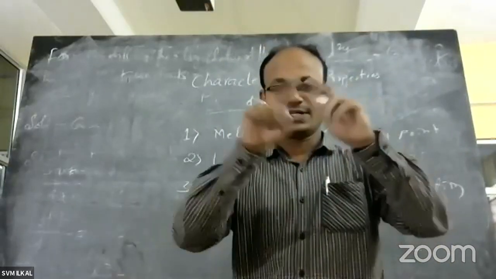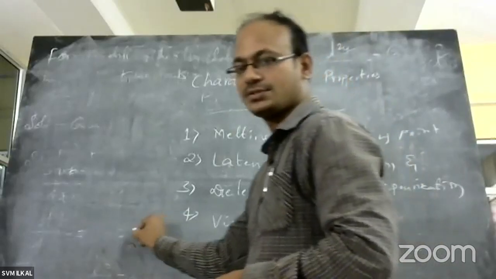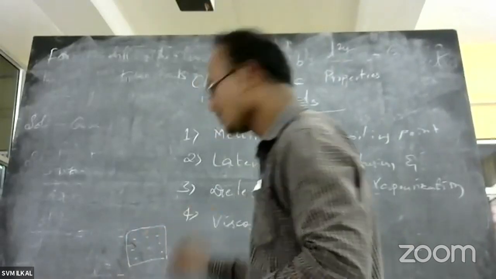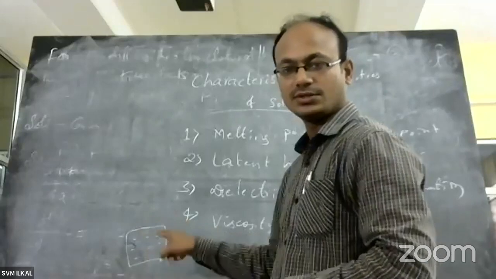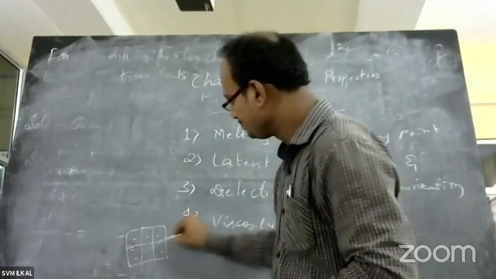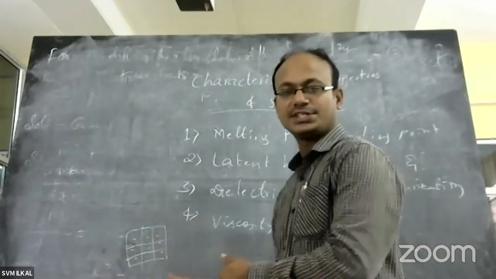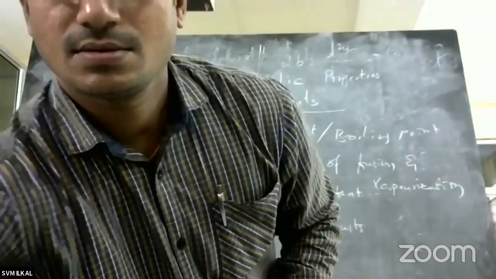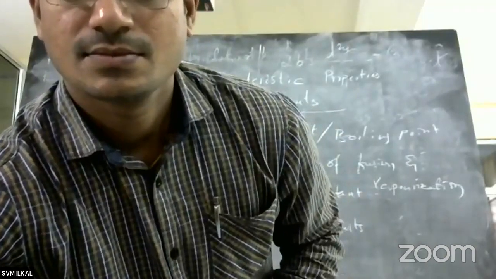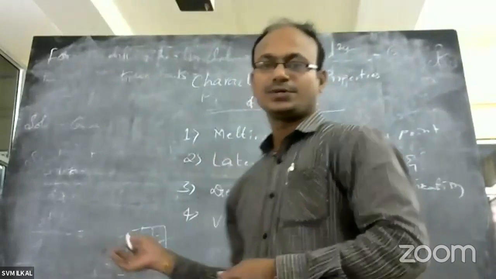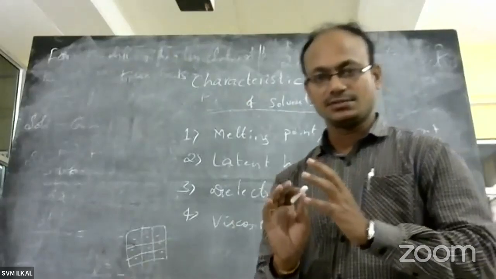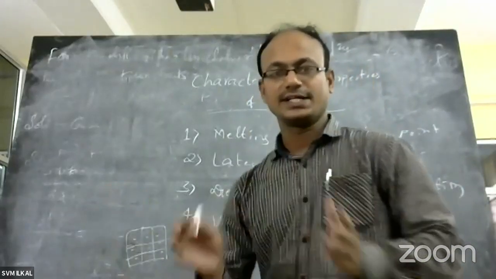Like if I take a box like this, I can find only 9 water molecules in a perfect crystalline arrangement. Once we start to provide heat, the crystallinity is going to disappear.